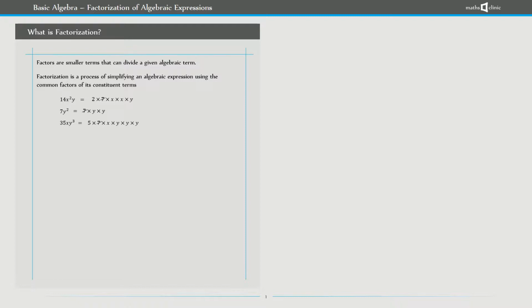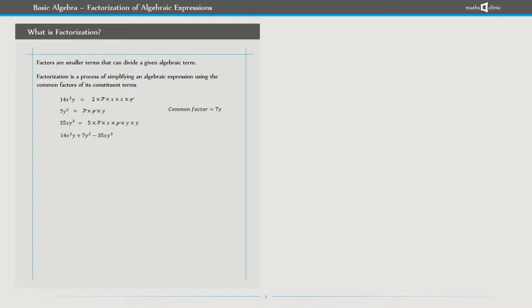We would have had an x, but there's no x in 7y squared, so x wouldn't work. But we have a y, so we can cross out y. So the common factor between 14x squared y, 7y squared, and 35xy cubed, because I don't think there's anything else we can cross out, is 7y.